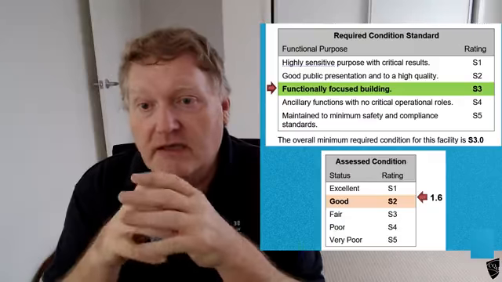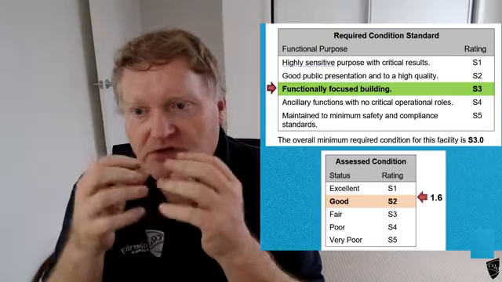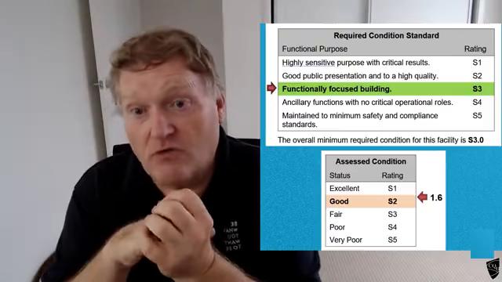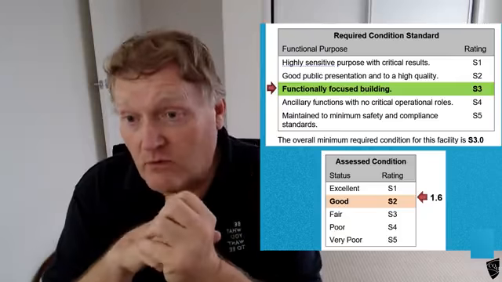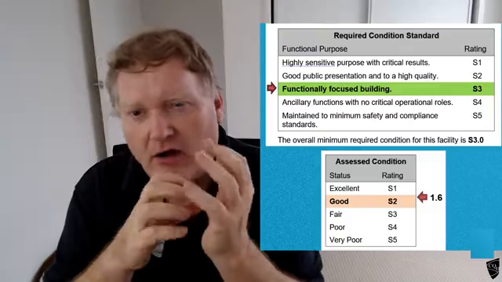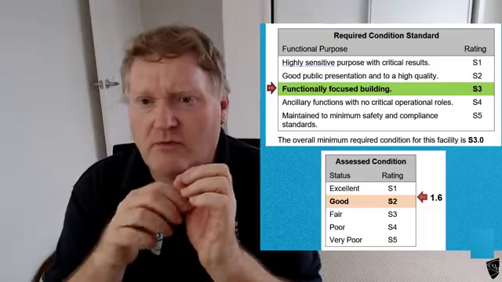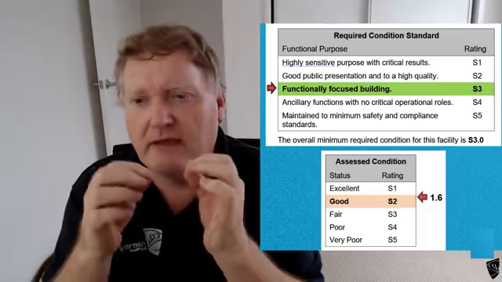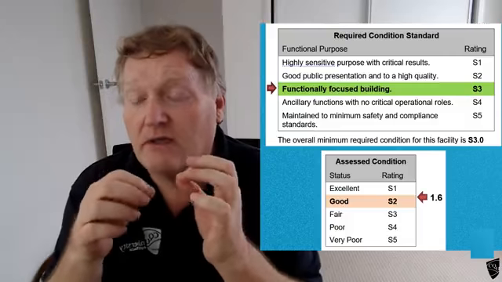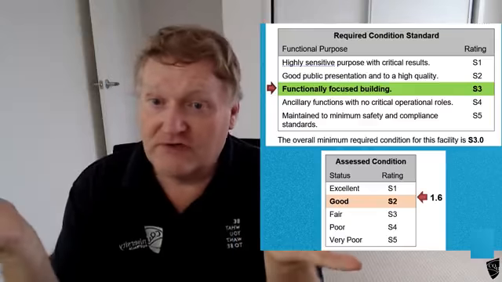But as you can see, if you're looking at, say, a hospital, and especially the operating theatres or intensive care ward of a hospital, they would be definitely an S1. They are highly sensitive. And if anything goes wrong with them, imagine if the lighting went out or the air conditioning and filtration went out in an operating theatre during an operation. Critical results, as it says.